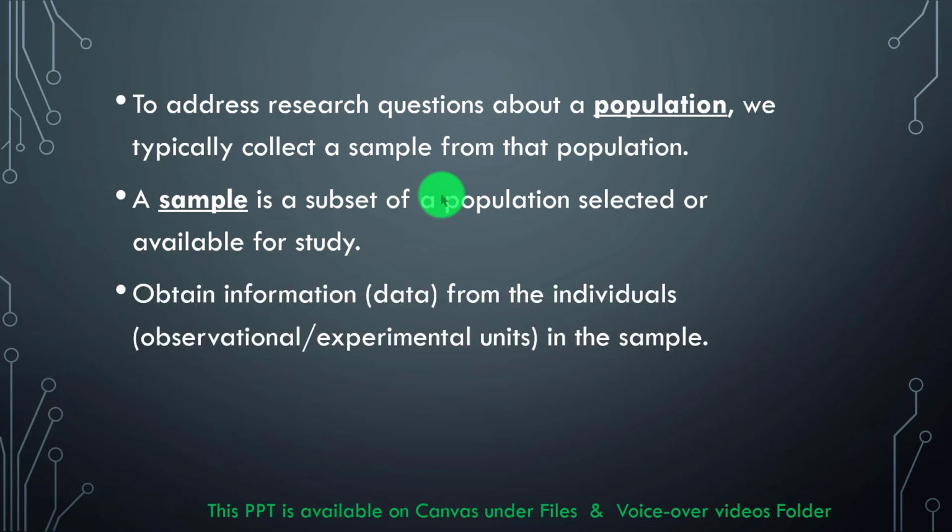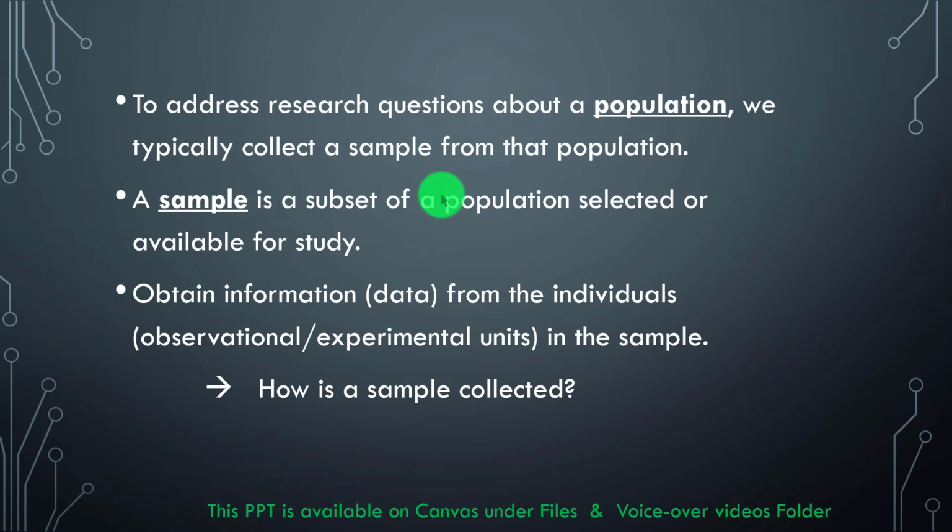Once a sample is obtained, then we can collect information or data from the individuals in the sample. We called those observational units in the previous video. You can also call them experimental units if it's a part of an experimental study. The next several minutes are going to be dedicated to determining how a sample is actually collected.